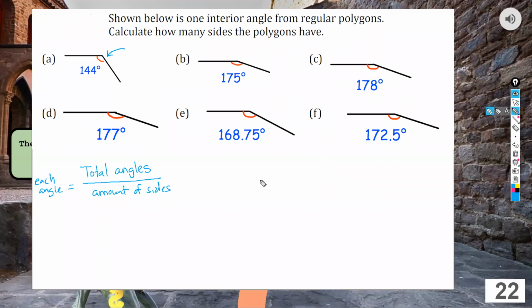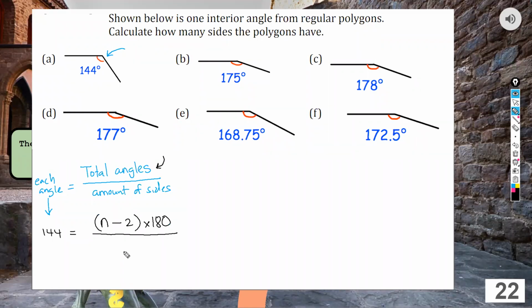If we wanted to find the value of each angle, so each angle, in today's question, the value of each angle is 144. How would we find the total amount of angles? Won't we use this formula? N minus 2, right? Multiply by 180. That will give us the total amount of angles.